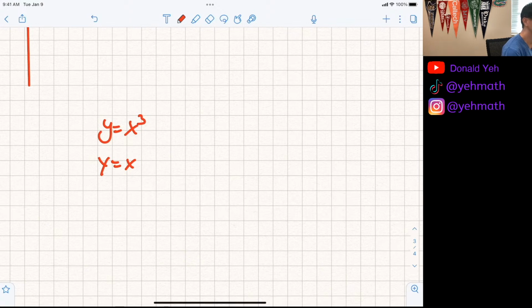1, -1, 0. Let's see you do both, the area between the curves.